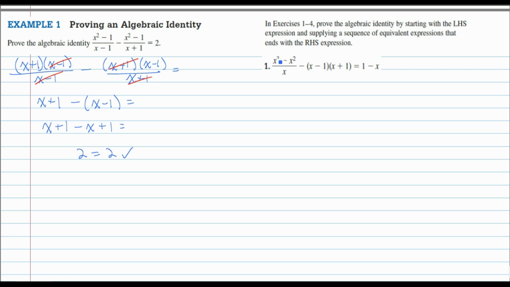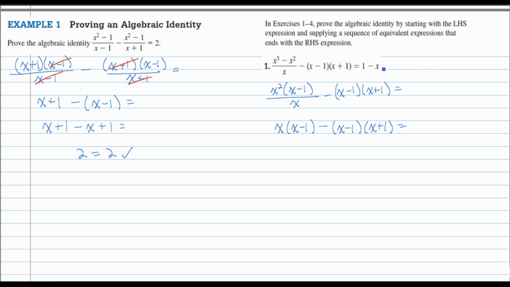In the numerator, I see an x cubed minus x squared, so they both have x's in them, and I can factor those out. Now, one of those x's will cancel out, so I get x times (x minus 1) minus (x minus 1) times (x plus 1). So I've gotten rid of the denominator.